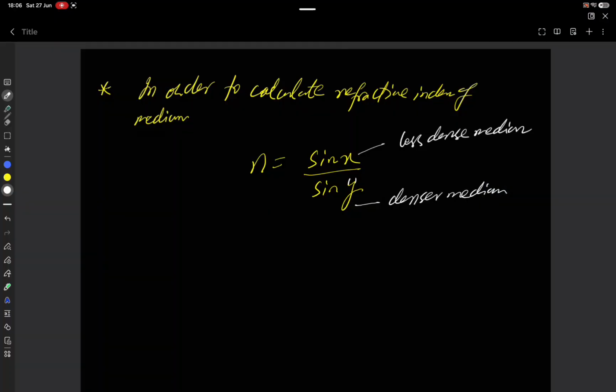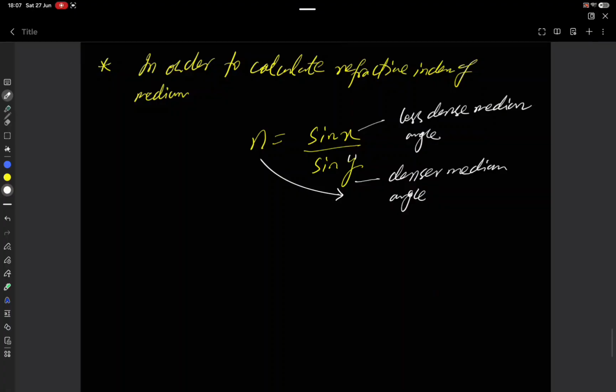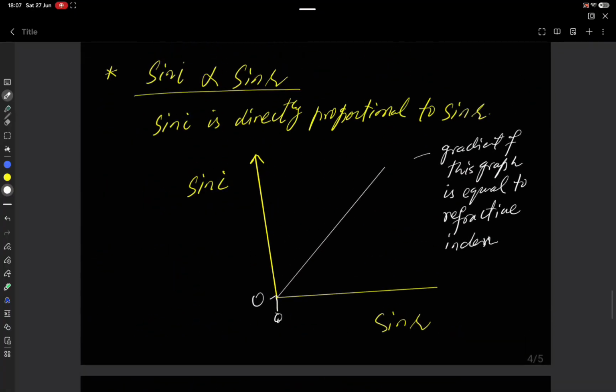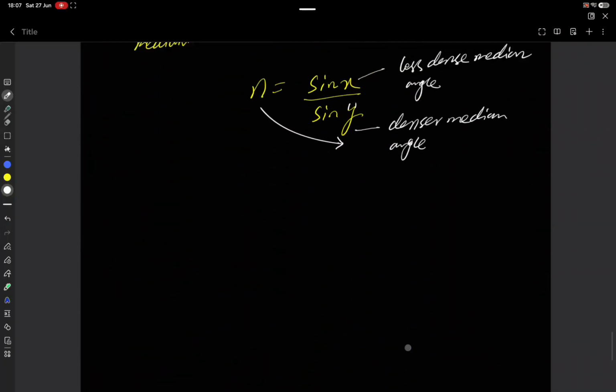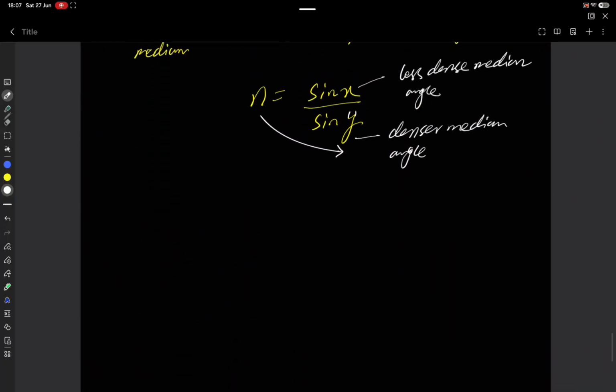So the denser medium angle must be at the bottom and the less dense medium angle on top. This gives the ratio of how many times my denser medium is denser than the less dense medium.